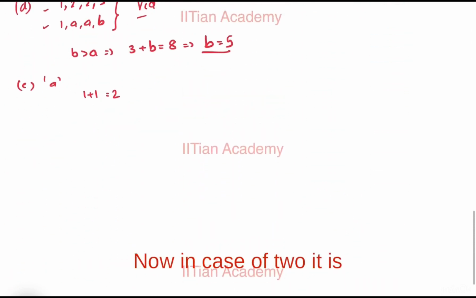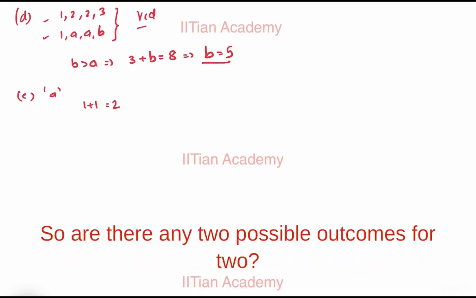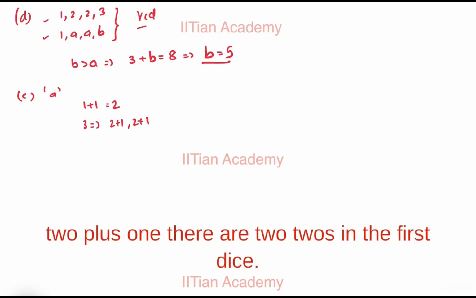Now in case of 3, it is given that there are 2 possible outcomes. So to get a 3, possible outcomes could be 2 plus 1 and 2 plus 1. There are 2 2's in the first dice.